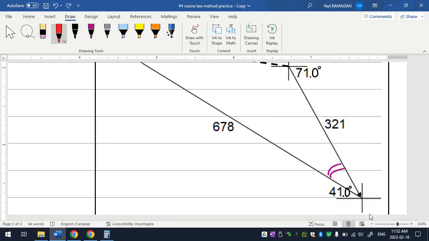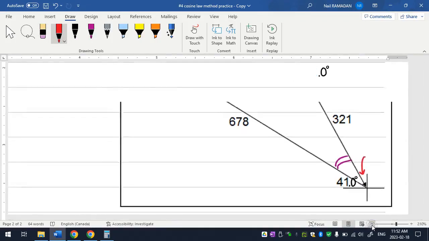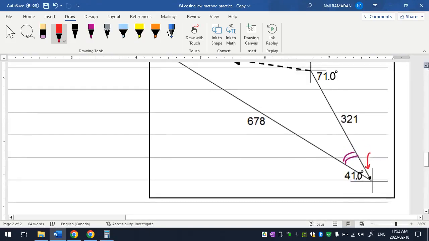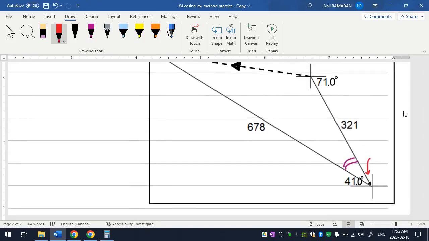So to find this angle, we can use this angle right here, and from the Z, this is 19, and my Z is right here. This is my Z. So that would mean that this is also 19.